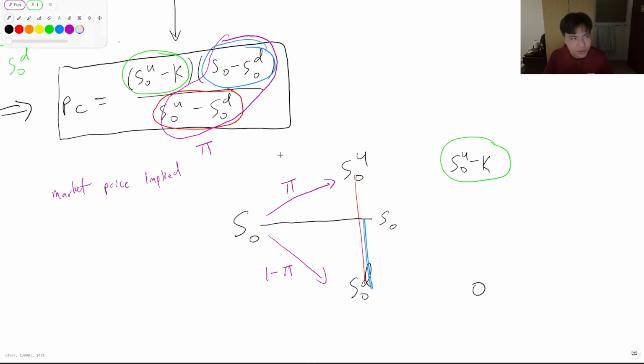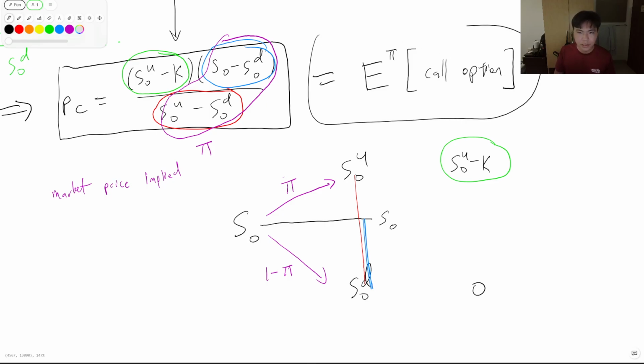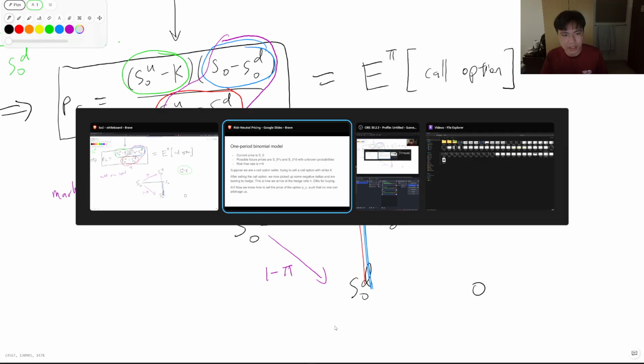So under this framing, we can see that the price of the call option may be thought of as an expectation under the risk neutral probability measure of the call option. And this reframing, this change in perspective, brings us further, because we went from just staring at this formula, which is just a bunch of constants, and now we're interpreting it as something with a bit of a deeper meaning.